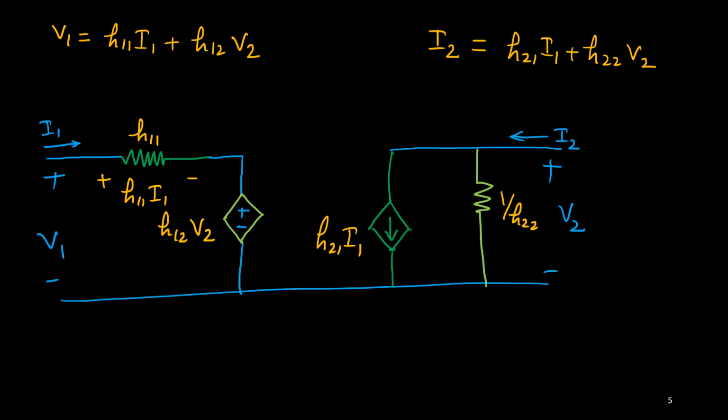H21 is the forward current gain under short circuit condition, and H22 is the output admittance when the input is open circuited. That's simple. So we can find the parameters for simple circuits.